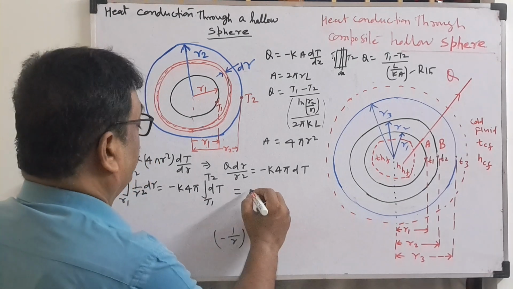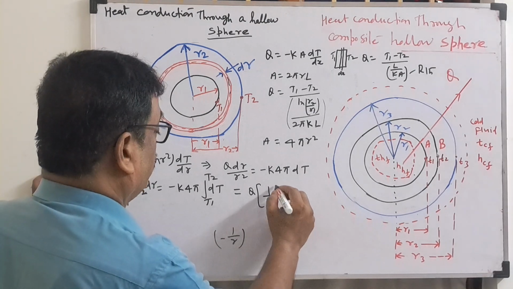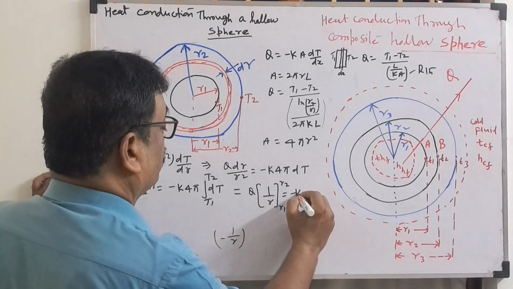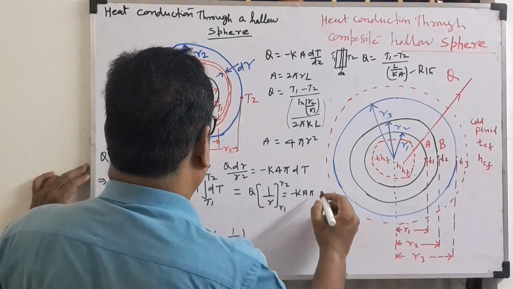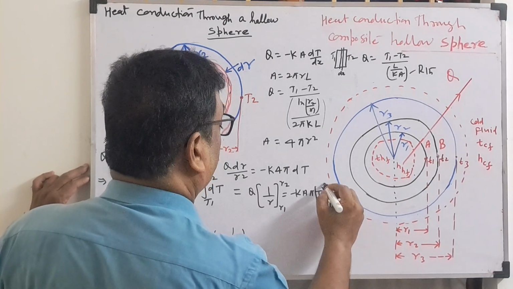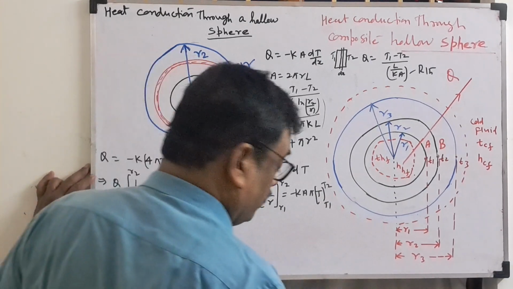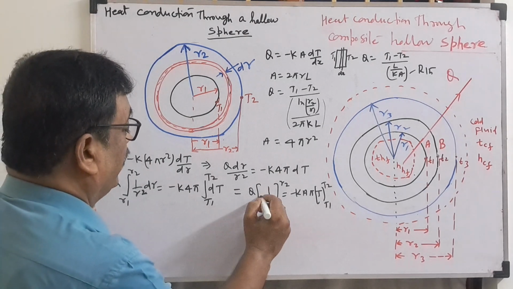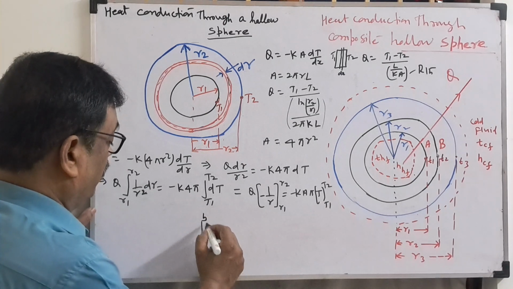So we'll write directly here: Q times minus 1 by r, from R1 to R2, equals minus K 4 pi times T, from T1 to T2. Now we solve this by writing the upper limit minus the lower limit.